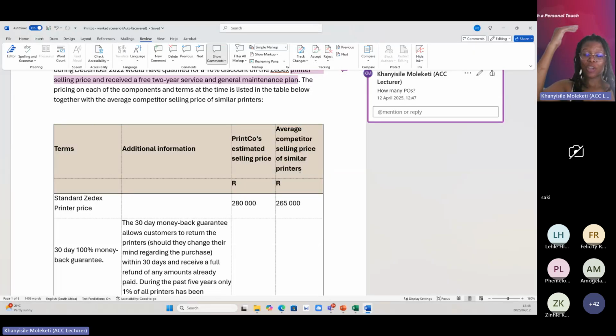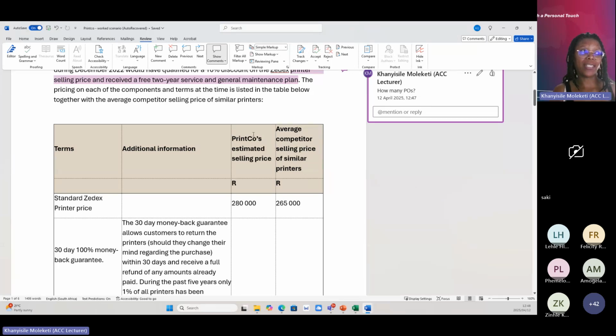First is the observable price, which would be our standard selling price if we know it and it's observable. Second would be the competitor selling price. Third would be expected cost plus margin, and the very last, undesirable, is residual amount. Okay. So in this case, they've given us these two, and what they're testing is if we know which of them to use.